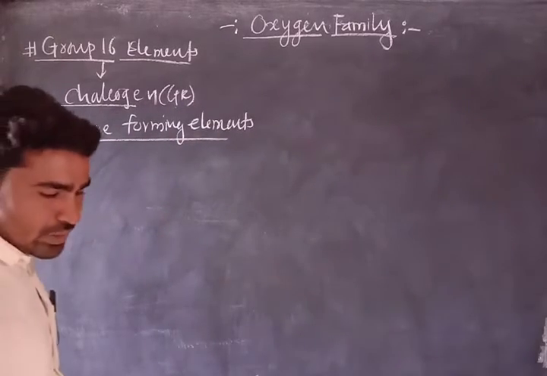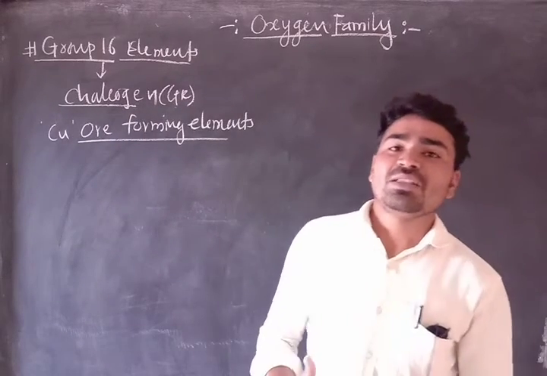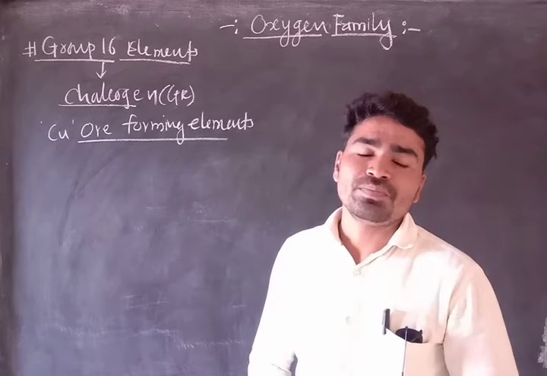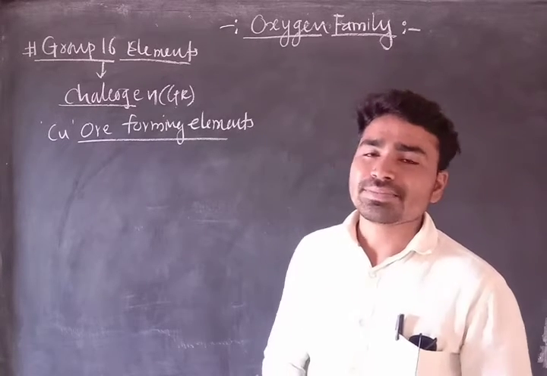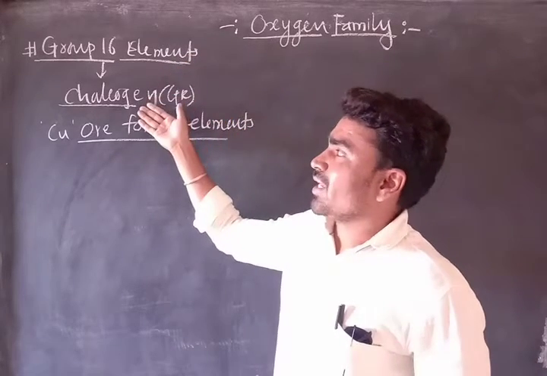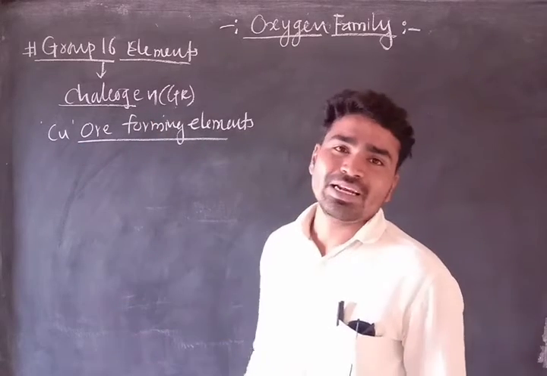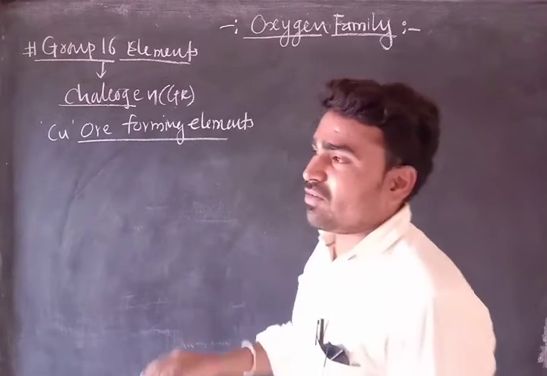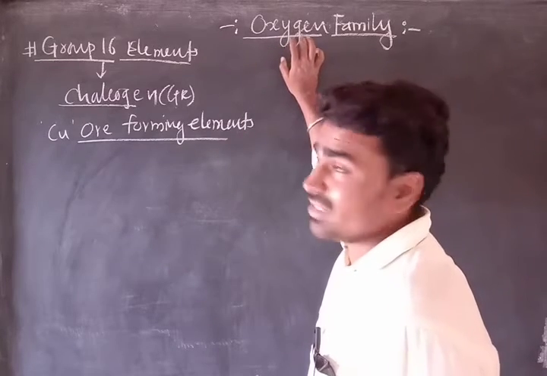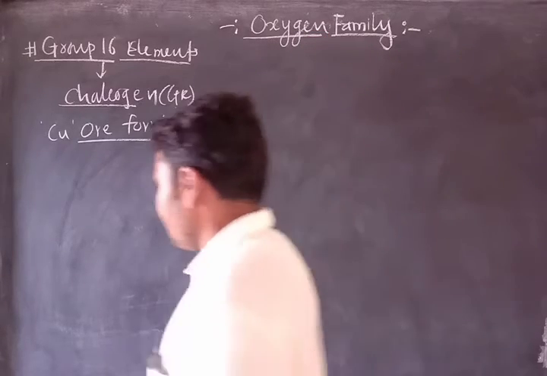As you know, the nitrogen family is also called pnictogens because these elements form suffocating gases. In the same way, group 16 elements are called chalcogens because they are copper ore forming elements. And as the first member of this group is oxygen, it is also called the oxygen family.